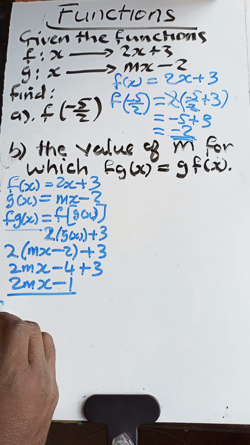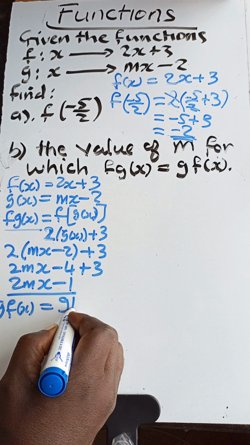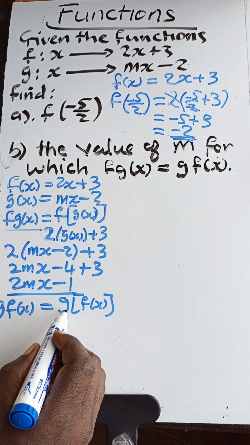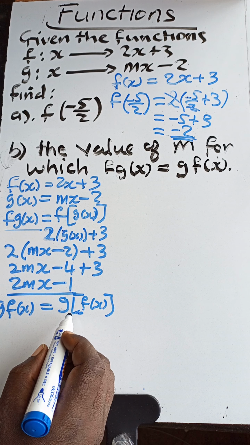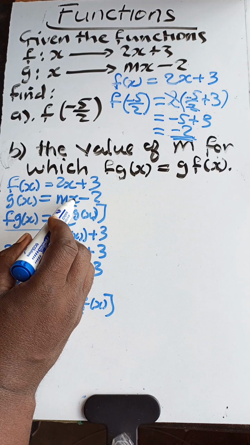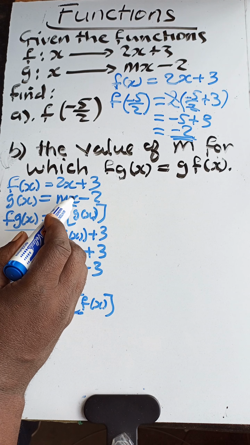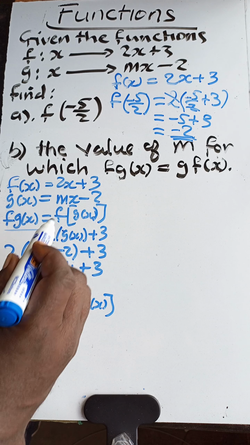Now what about gf of x? That is g implementing f of x. We're going to take the instructions of g and we implement f of x. The instructions of g are multiply by m and subtract 2. So we're going to put f of x in the place of x. So we're going to have m times f of x minus 2.